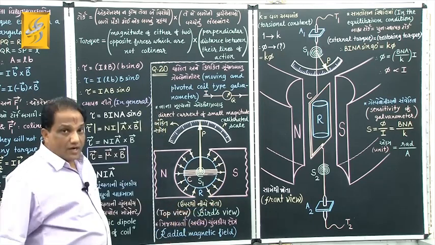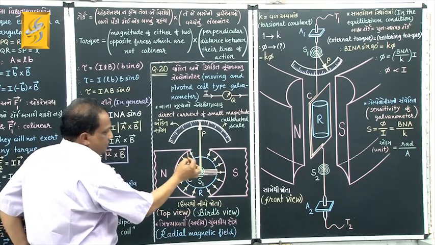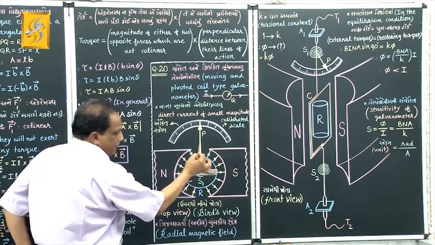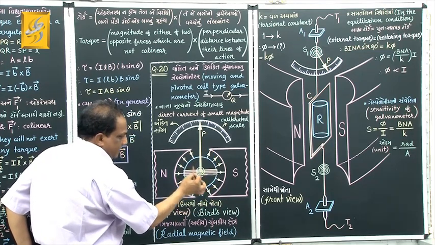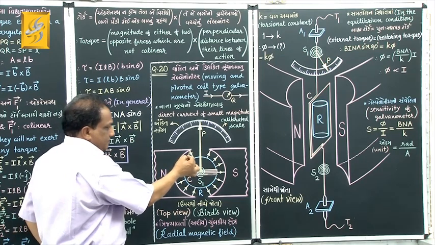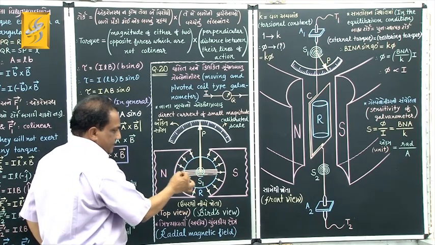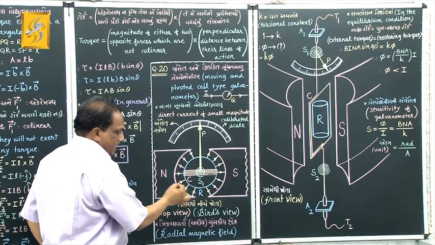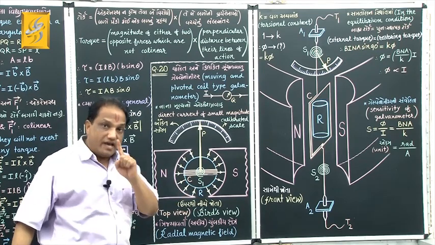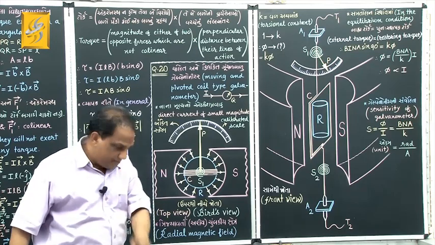Fine. Now here, if you consider some circle here, correct, some circle, then for that circle, these are the magnetic field lines which are arranged along the radii, and because these magnetic field lines can be considered to be along the radii of this circle, we call this magnetic field as radial magnetic field, okay?